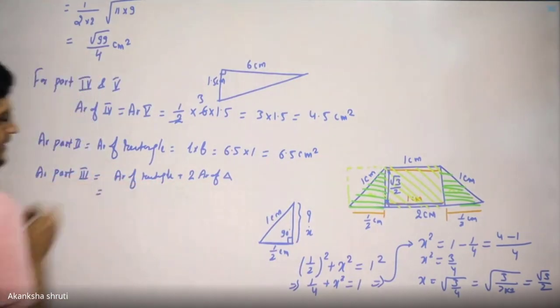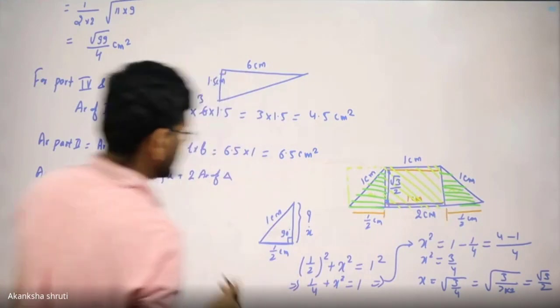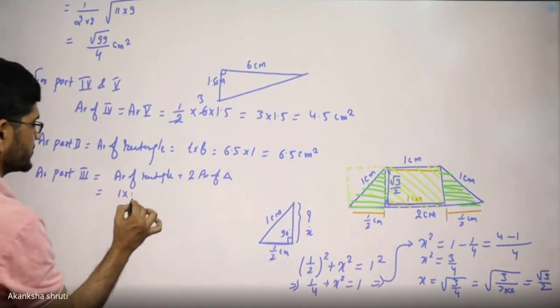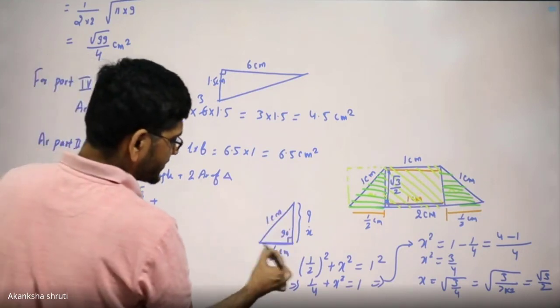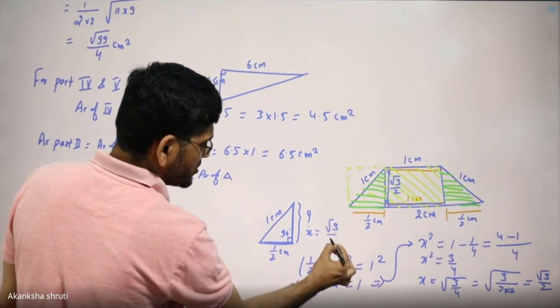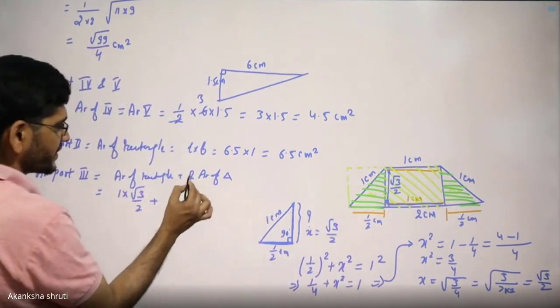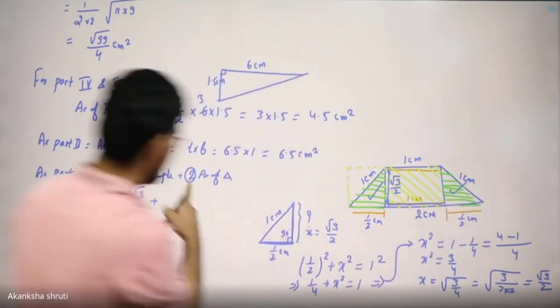So what will the area of rectangle? This length 1 into root 3/2. 1 into root 3/2 plus. What will be the area of this triangle, student? This is half, and this x just we have calculated root 3/2. So this become, this twice is because of this triangle and this triangle. Okay, no? This twice is there.